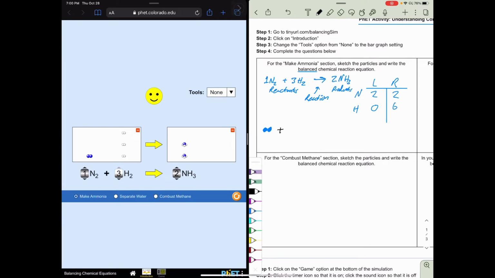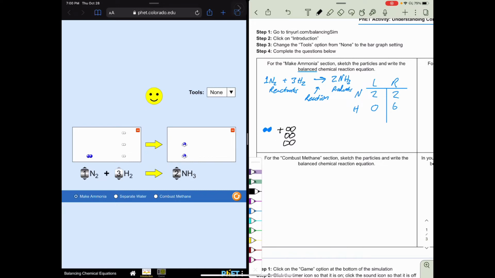And then for white, we'll just do circles. All right, does that equal what we have? So we have 3 times 2 is 6 hydrogens, and we have 1, 2, 3, 4, 5, 6. Perfect. So that side is balanced.